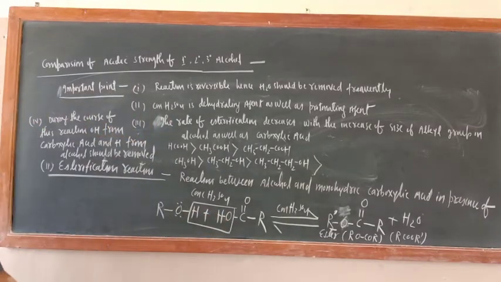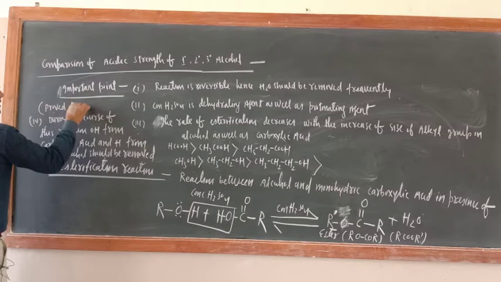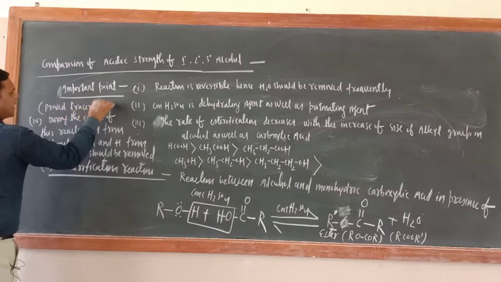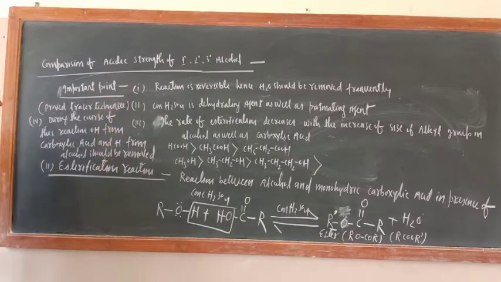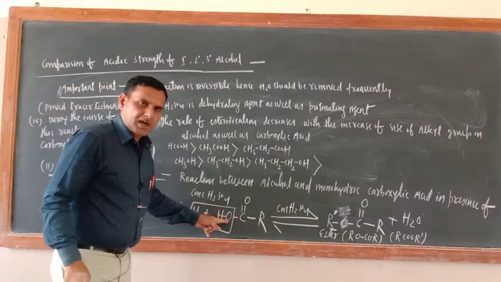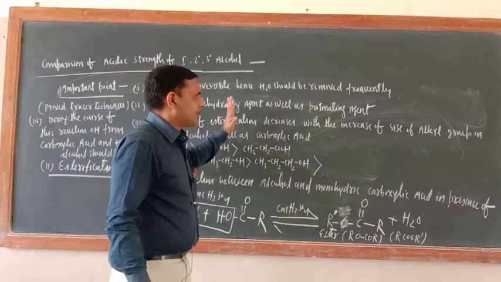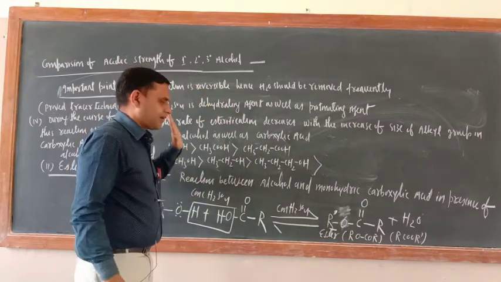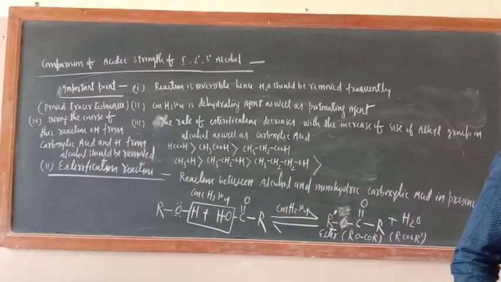This is proved by the tracer technique. The tracer technique proved that OH from carboxylic acid is removed. This is all about the important points of the esterification reaction. So the esterification reaction is also over.